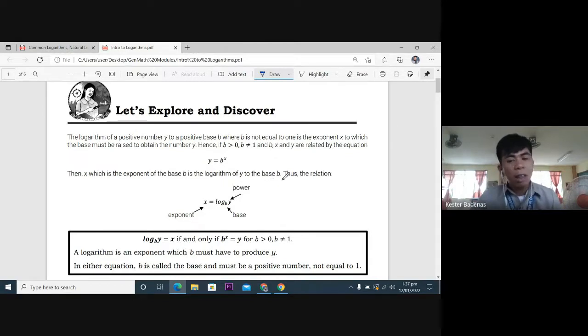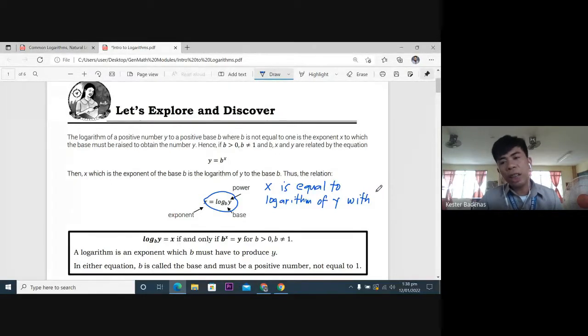You heard it right. The way to read this logarithmic equation is x is equal to the logarithm of y with, or usually the preposition used is, to the base b. Ibig sabihin, class, when we read this logarithm, lalaktawan natin yung base.